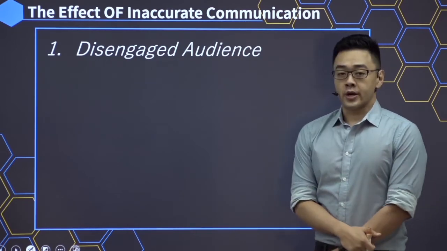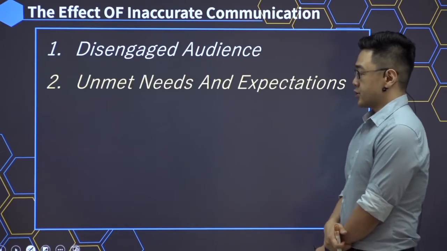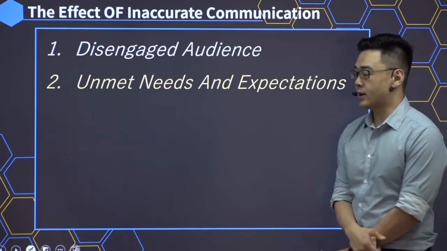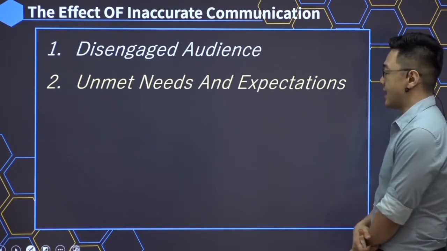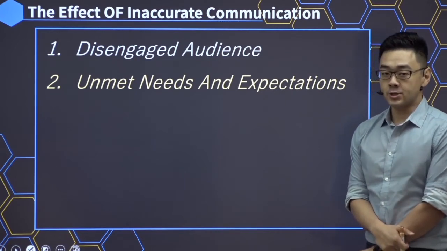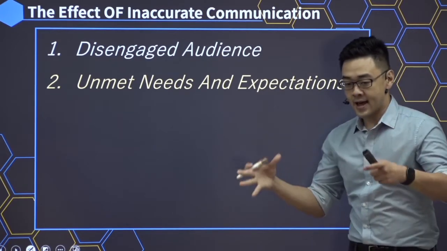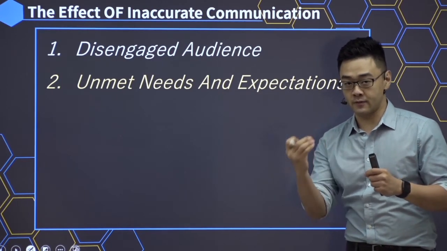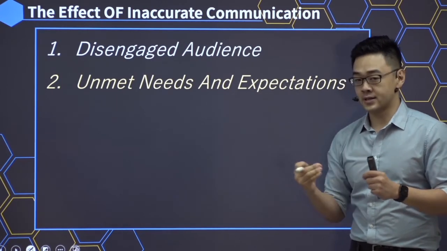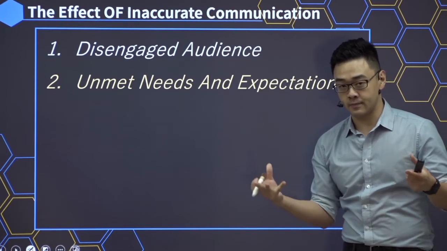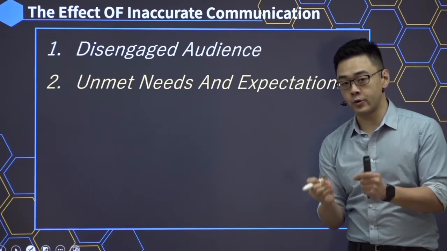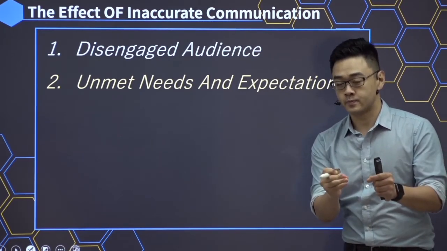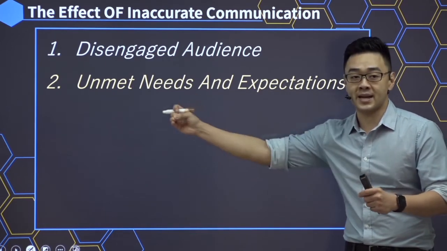You lose your audience. Your audience will be disengaged. And you will have unmet needs and expectations. Because if you have a task that you need to do, and you fail to communicate with efficiency, your audience doesn't know, or your team, if you're the team leader, they don't know what you want them to do. Then you will have unmet needs.